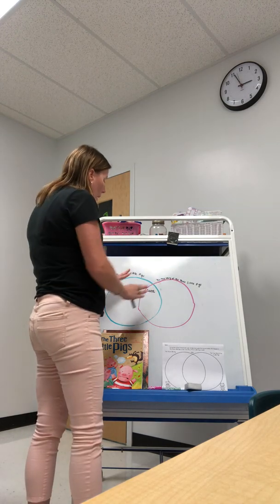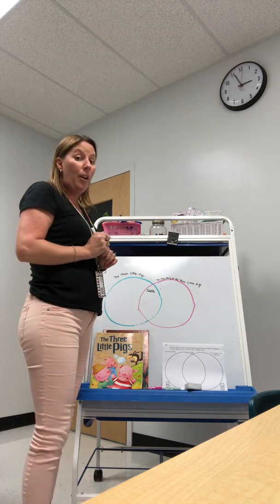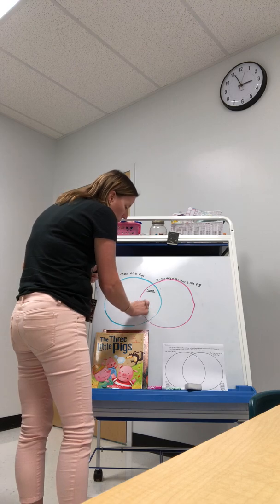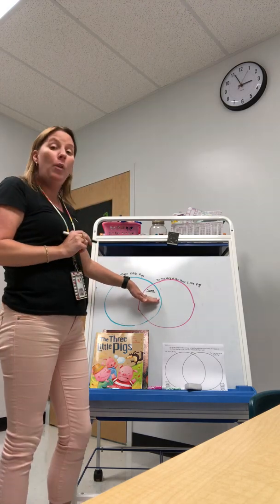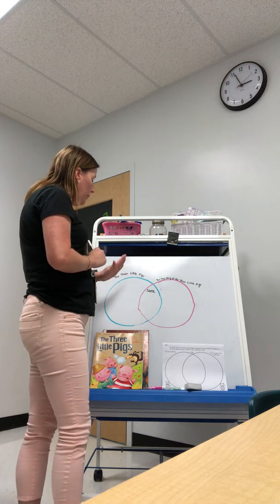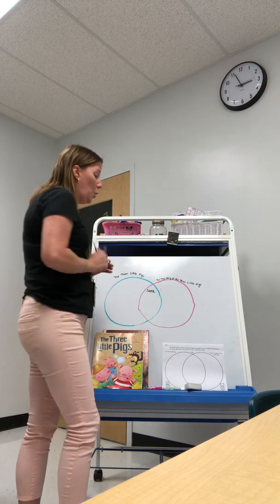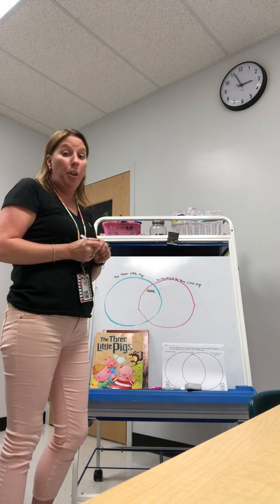So we're going to tell how the Three Little Pigs and the true story of the Three Little Pigs are different. Then right in this middle part where both of the circles overlap, we've labeled the same. That means that the same thing happened in the story of the Three Little Pigs and in the true story of the Three Little Pigs.